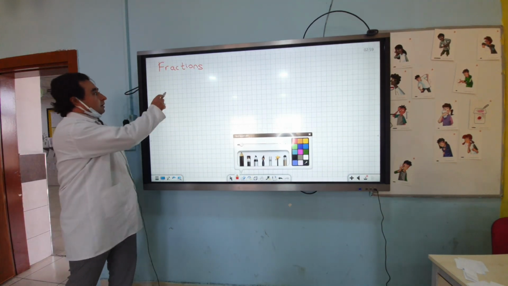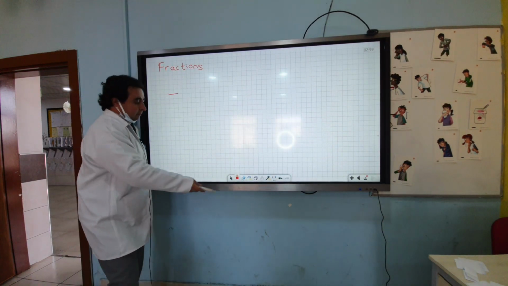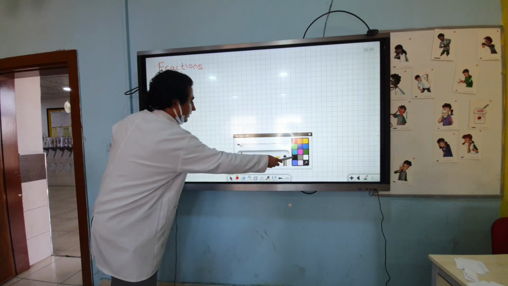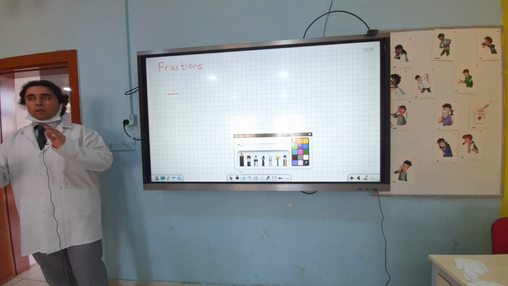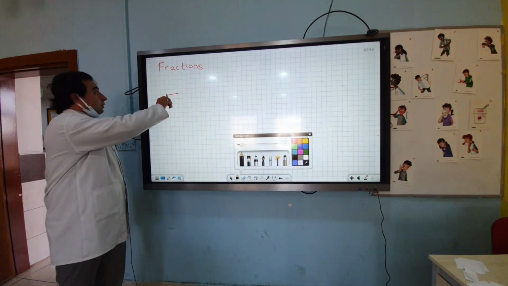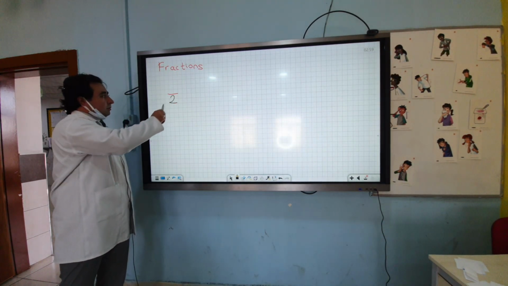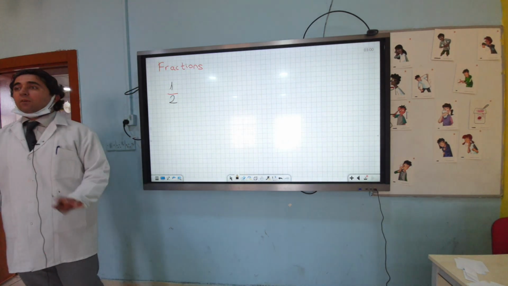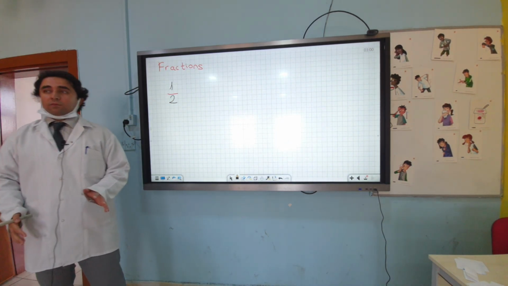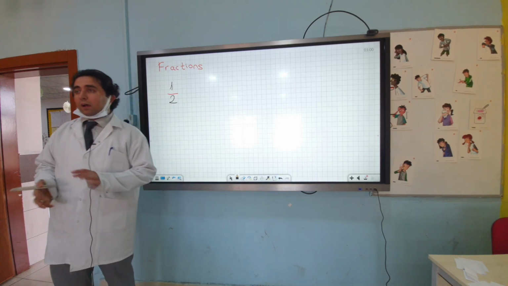There is a whole thing, with this line we see there is a whole thing. Then you have to divide it too, and you are going to take one of it. It is half. 1 over 2, 1 half.